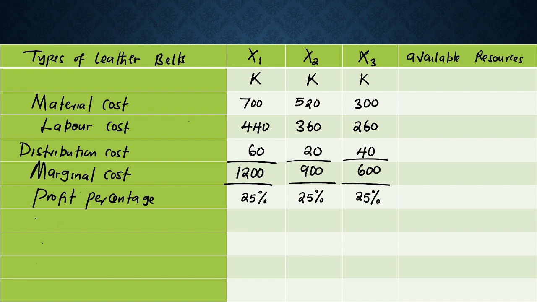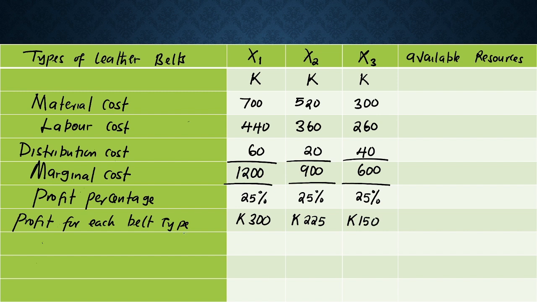So our profit for each belt type: 25% of 1,200, we are getting a 300 here, and 25% of the 900, we are getting a 225. For x sub 2, 25% of a 600, we're getting a 150.